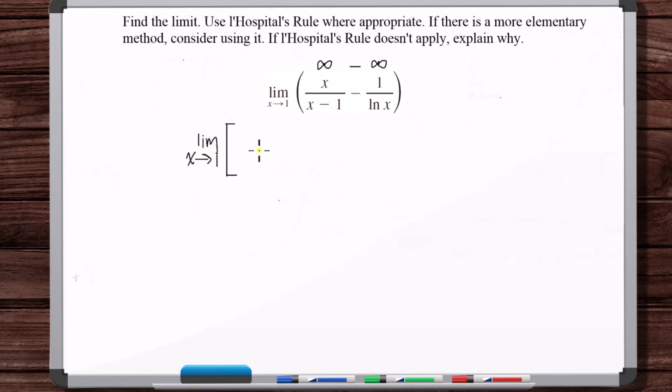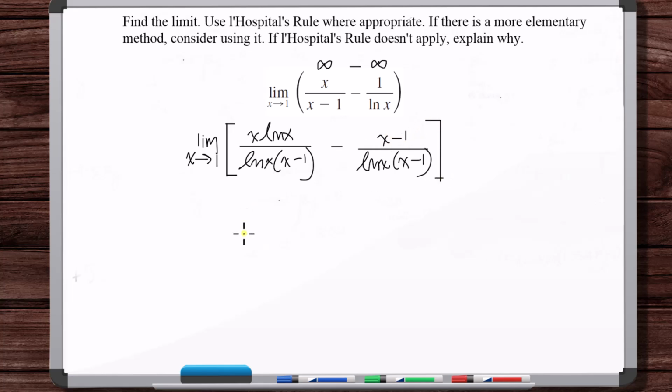So, okay, we've got natural log of x times x minus 1 over x natural log of x, and then natural log of x times x minus 1, and then x minus 1, like that, okay?